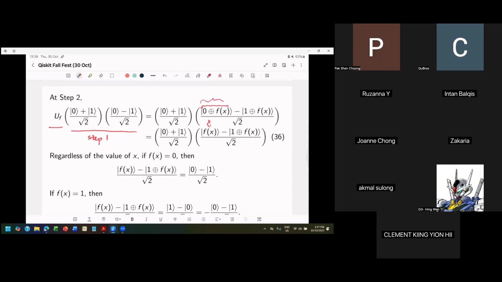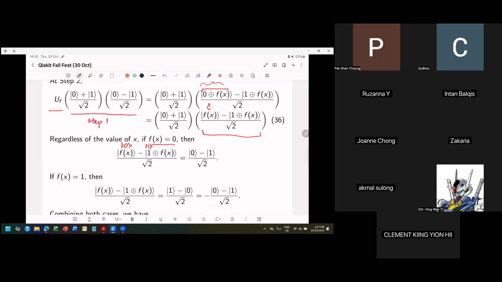So now let's look at this whole thing. You assume that your fx gives you 0. So if fx equals 0, this will be 0. So 1 modular sum with 0 is 1, right? So then it becomes 0 minus 1 divided by square root 2.